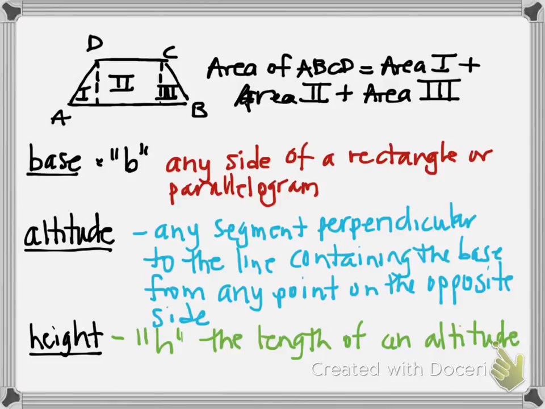Now that we have that background information of a base is a B, and it's any side of a rectangle or parallelogram, and that altitude is any segment perpendicular to the line containing the base from any point on the opposite side, and height is the length of an altitude, now we can get into our first theorem for this chapter. And that is Theorem 11.1, which does not have a name.